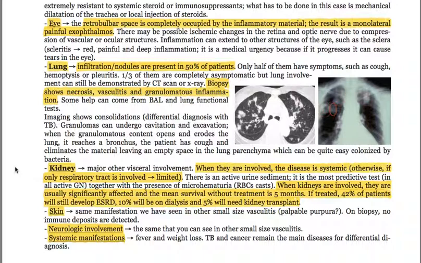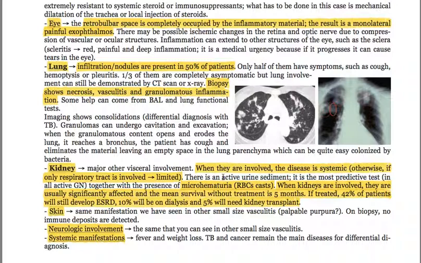When the kidneys are involved, the disease is systemic. Otherwise, if only the respiratory tract is involved, it is limited. There is an active urine sediment. It is the most predictive test in all active glomerulonephritis, together with the presence of microhematuria, so red blood cell casts.